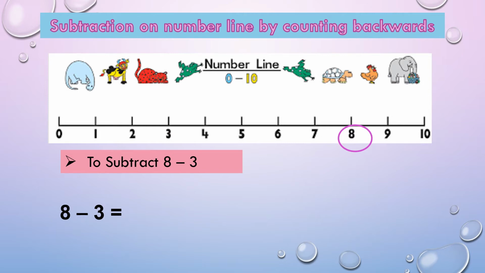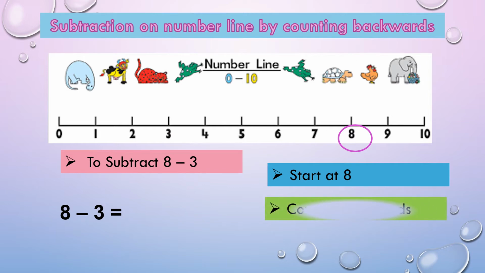So for that we will do backward counting, means we have to take 3 steps backward. So we can start at 8 and we can take the first step and we reach on number 7. After 7 we can take one more step backward and we reach on number 6.